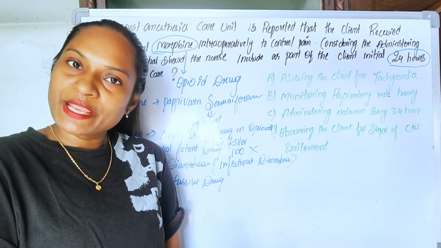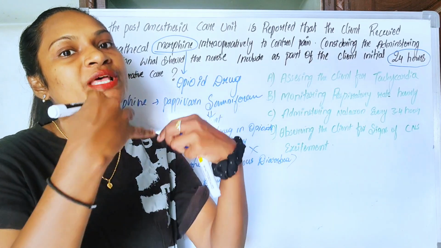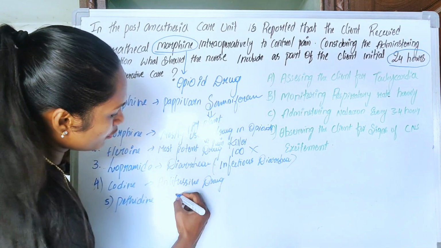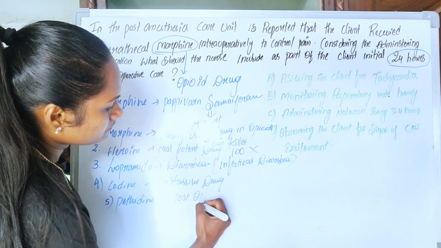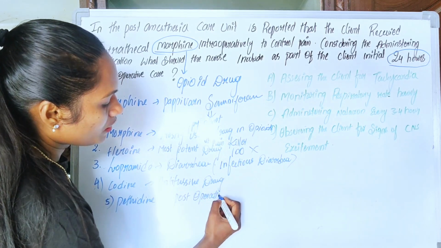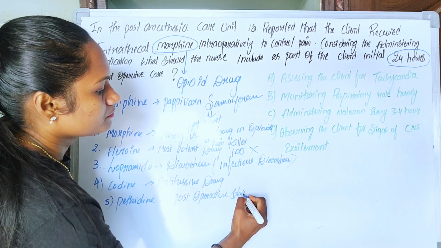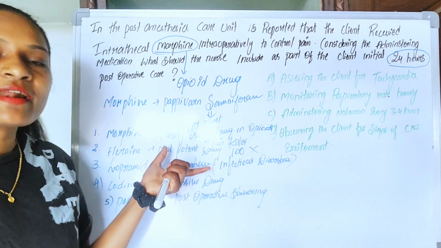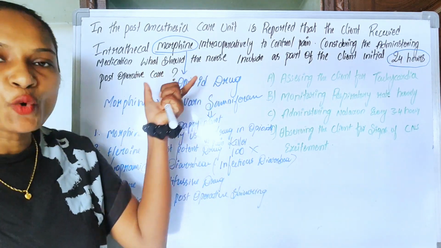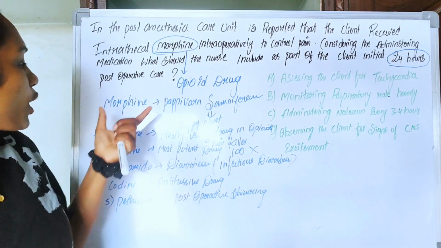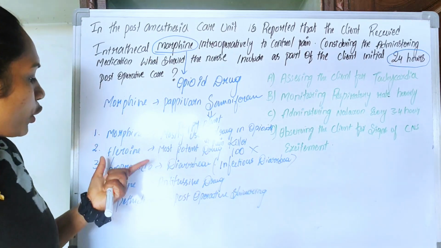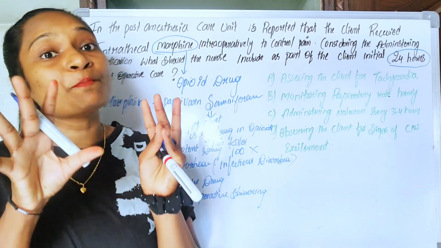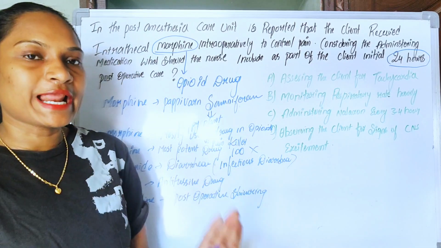To subside that post-operative shivering, we use pethidine. So these are the main drugs we consider as opioid drugs: first morphine, next heroin, loperamide, codeine, pethidine. These come mainly under the opioid classification.